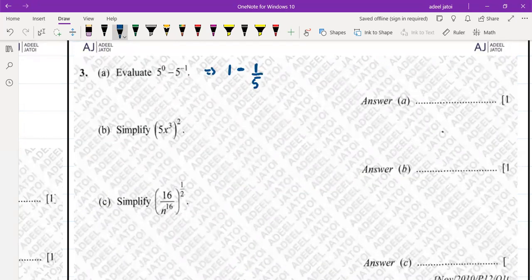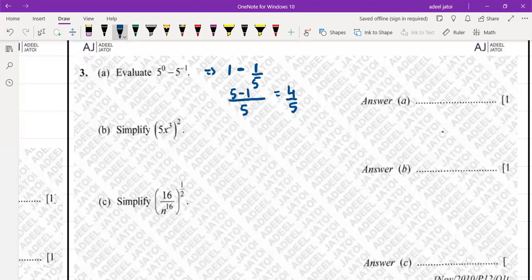We can write it down as 1 upon 5. And now to solve this, we will be taking the LCM. Your LCM will be 5. This should be 5 minus 1, because we need to multiply 5 into 1 is 5, minus 1. So your answer will be 4 upon 5 for part A.